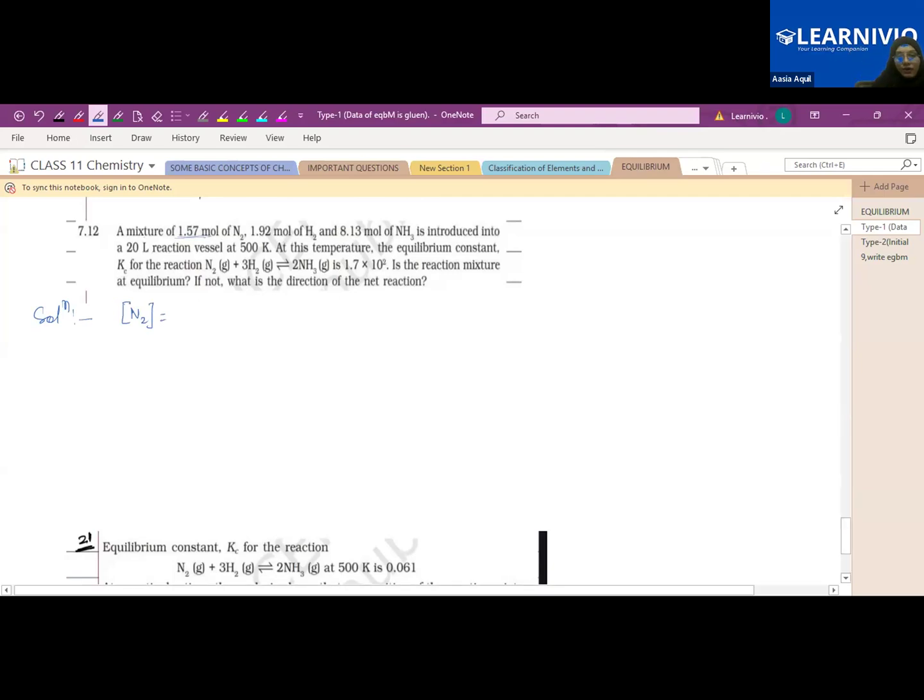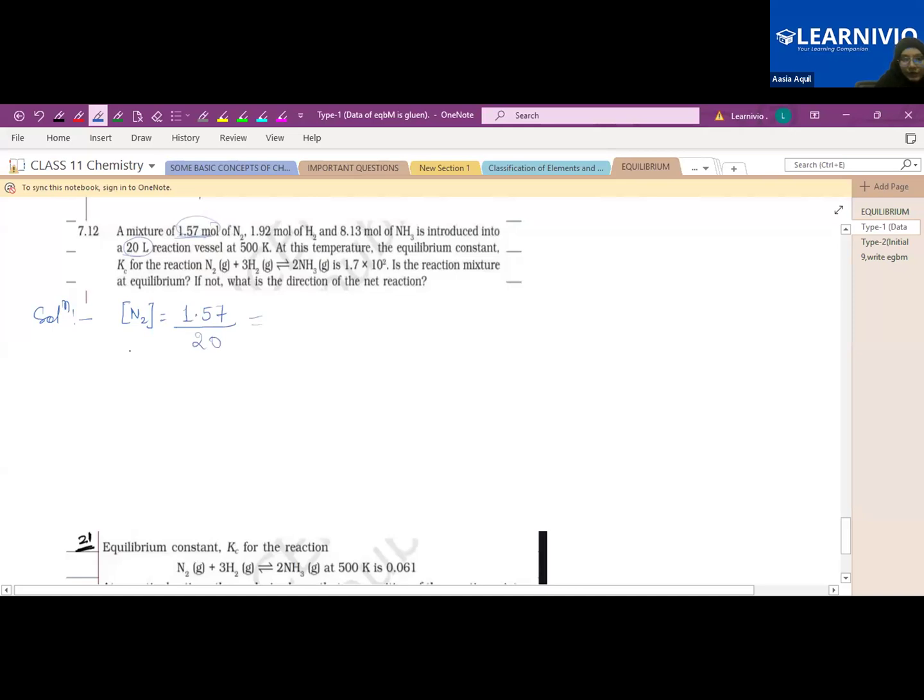The number of moles of each component is given, and the volume is also given. So how can we calculate the concentration? Molarity is the given number of moles, 1.57 for N2, divided by the volume, 20 liter. Just calculate it and write it down here.